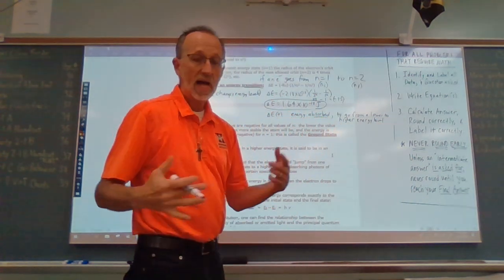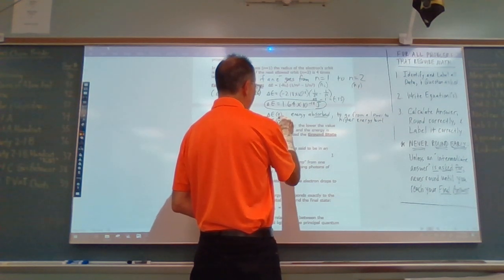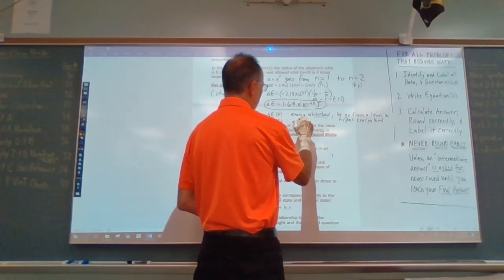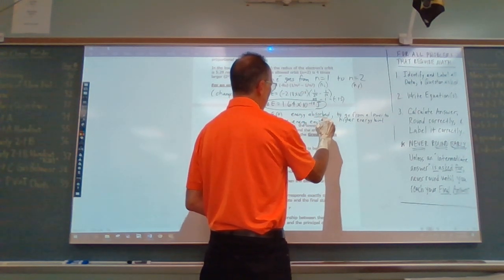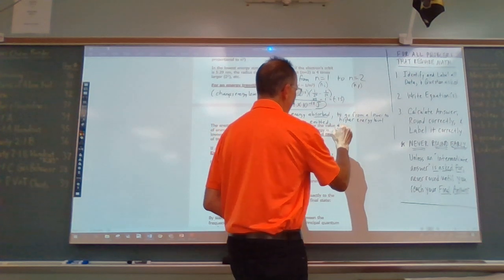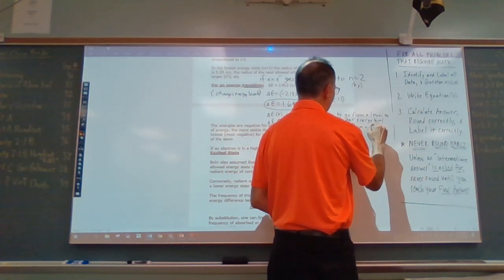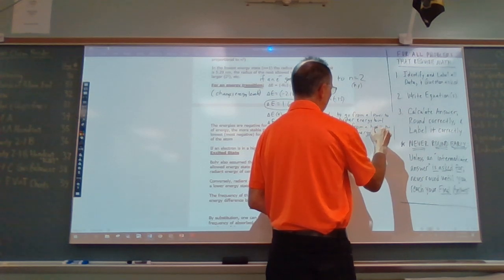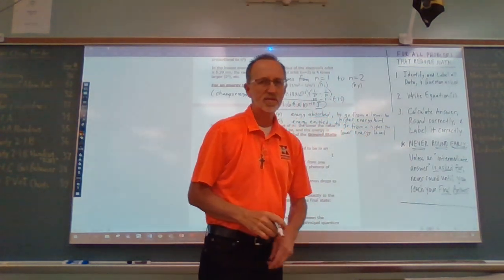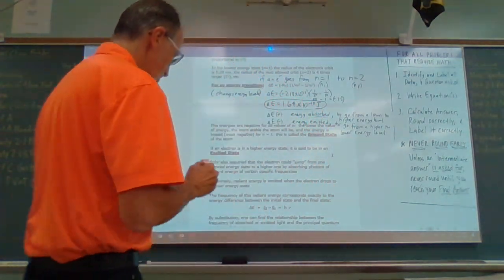Likewise, if delta E comes out negative, then energy is released or emitted, which is what happens when you go from a higher to a lower energy level, just as Professor Dave explained in his video. So let's go on to the next page.